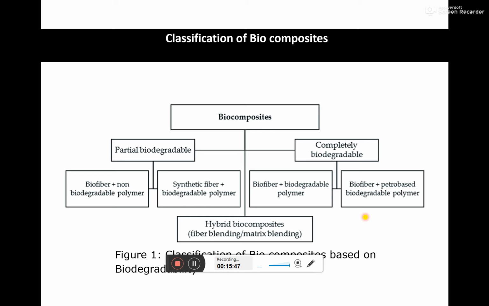For example, I can use biofiber plus non-biodegradable polymer. Non-biodegradable polymer means I have to use a synthetic matrix, for example, epoxy and hardener as the matrix material, and biofiber as the reinforcement. So in the non-biodegradable polymer, I use epoxy as the matrix material, and I want to make the biofiber hybrid.